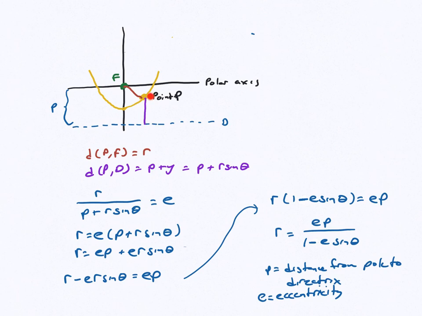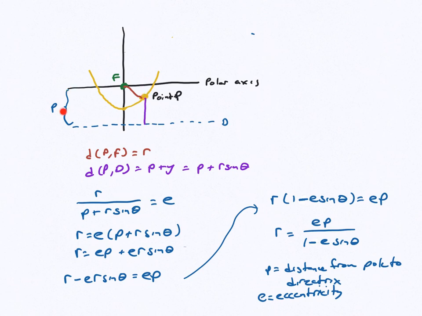Now, this distance here is going to be P, and now you'll see I have P plus Y. Now, why do I have P plus Y? Well, in this case, I know that this distance from here to here, that distance is Y, okay? But also in this, Y is a negative number.